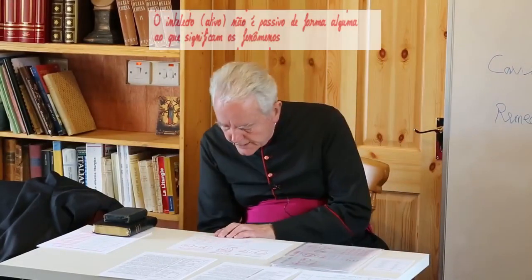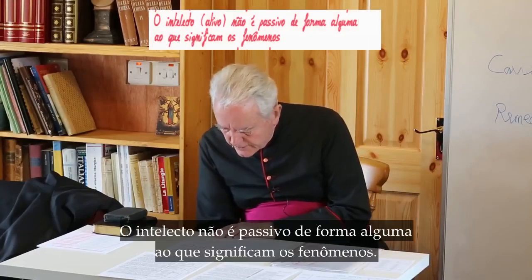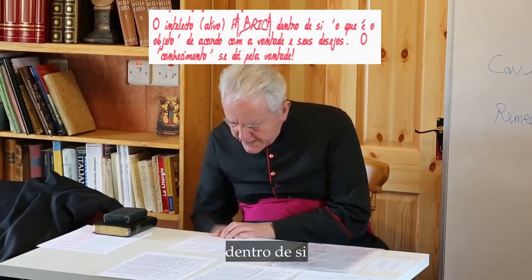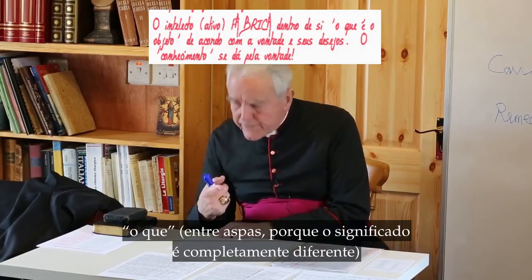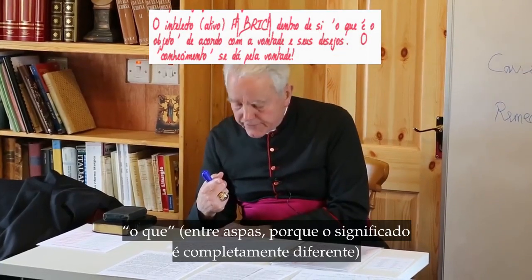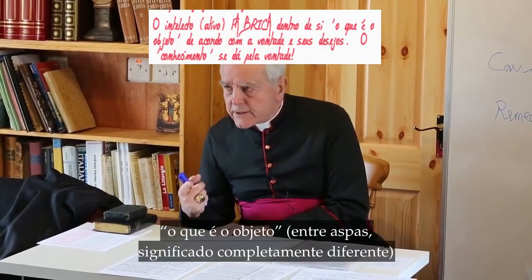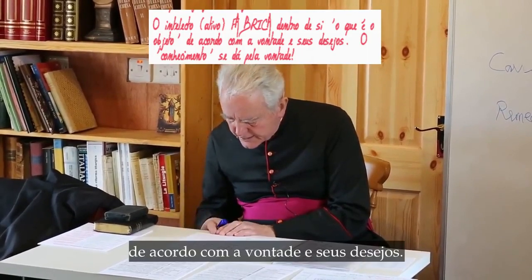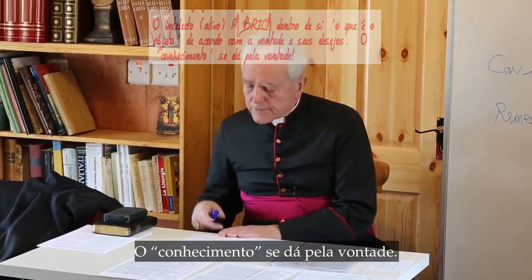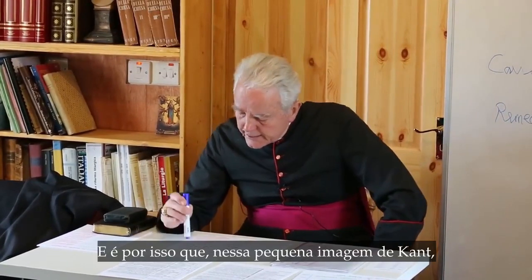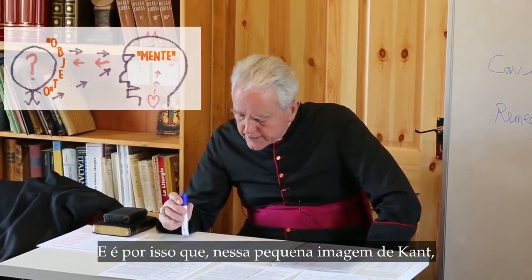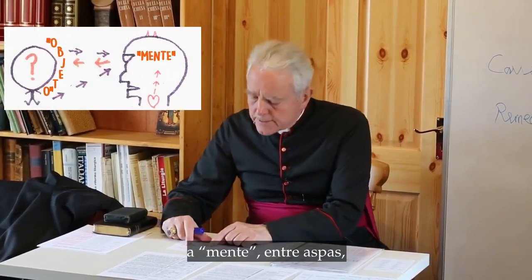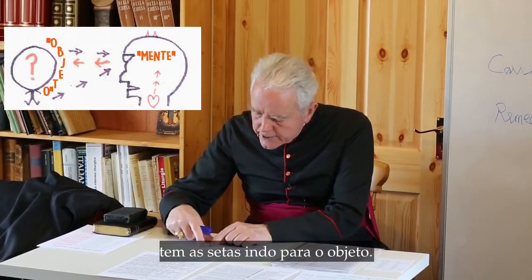Wow. The active intellect is in no way passive as to what the phenomena mean. The active intellect fabricates within itself what, in inverted commas, that's now a completely different meaning. The object, in inverted commas, because it's now a completely different meaning, is according to the will and its desires. Knowing is by will. And that's why in that little picture of Kant, you see that the mind, in inverted commas, has the arrows going to the object.